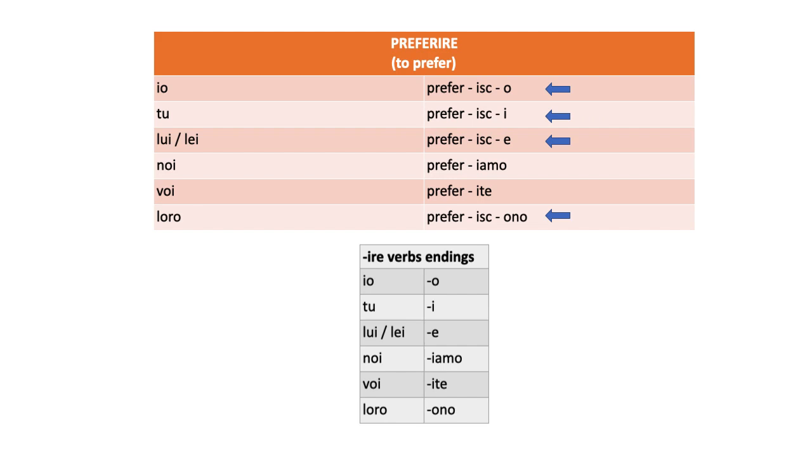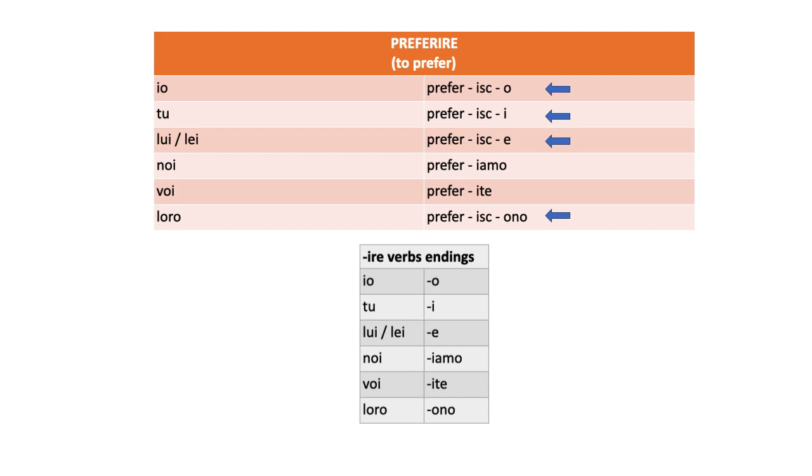The only difference is that we insert isk in between the stem and the ending for the io, tu, lui, lei, and loro forms. Okay? Again, we insert isk only for the io, tu, lui, lei, and loro forms. Or, if you find that easier to remember, we insert isk everywhere but for noi and voi.